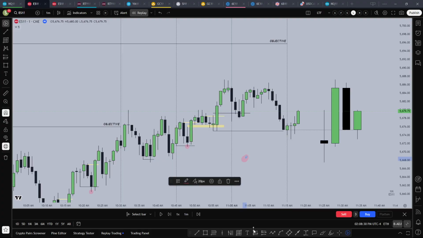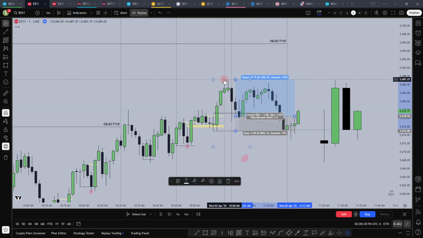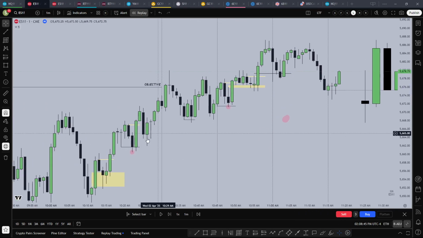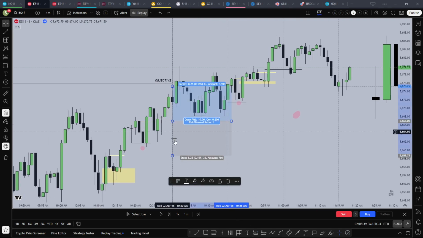Now how much RR it would have given you regardless if you are using this, 2R, so partials maybe easily, right? But the main entry would be here. This is clear now.